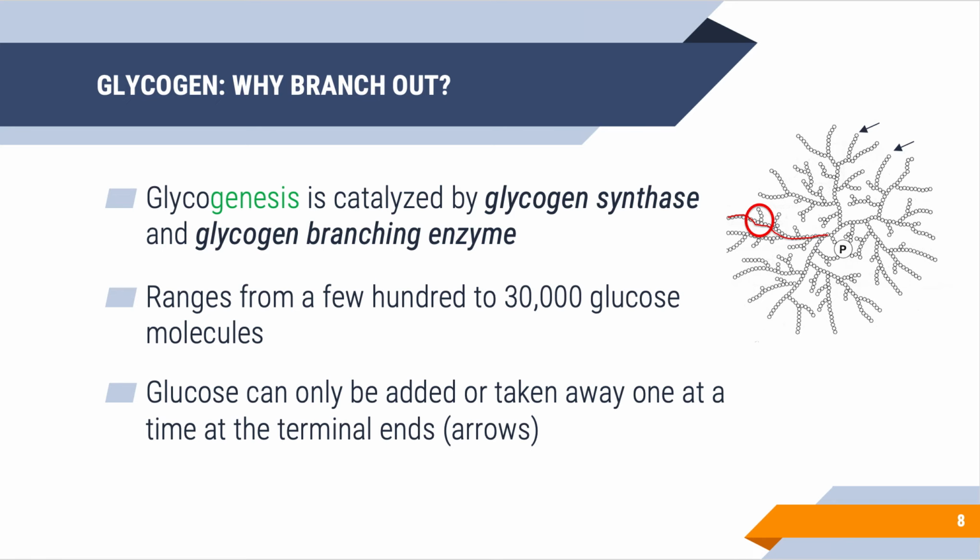But really, glycogen can range from a few hundred to up to 30,000 glucose molecules, so it can be quite small or it can be absolutely massive. Glucose can be added or taken away one glucose molecule at a time from glycogen. And that's occurring where the arrows are shown here, so at the terminal ends.